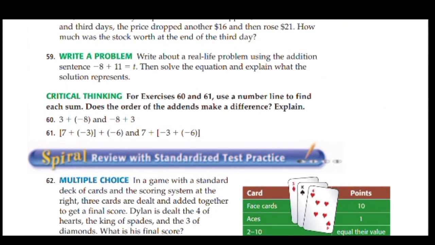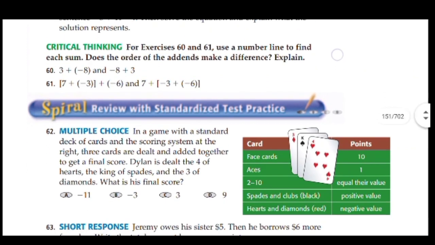Critical thinking. 60 and 61. Use a number line to find each sum. Does the order of the addends make a difference?